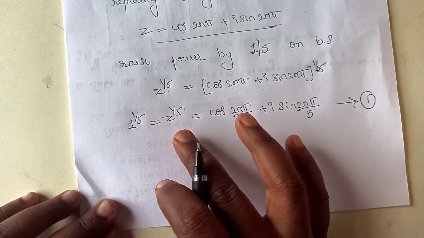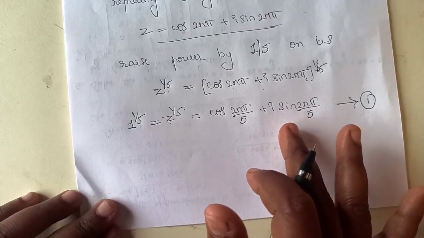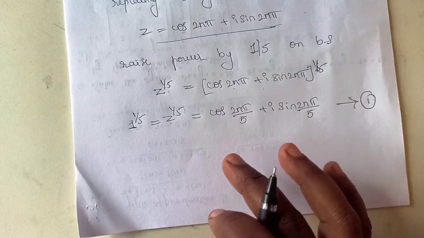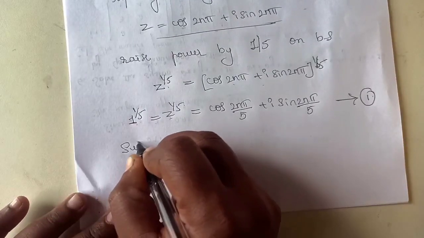Now we substitute n equals 0, n equals 1, up to n equals 4. Since we want the fifth root, we substitute n equals 0 to 4.